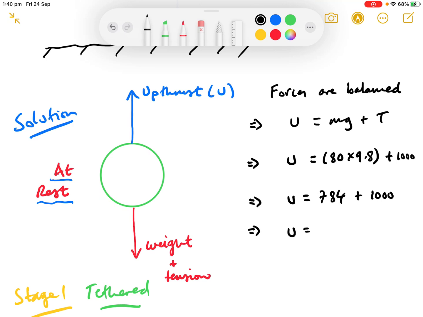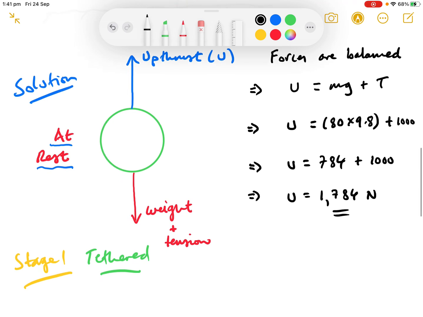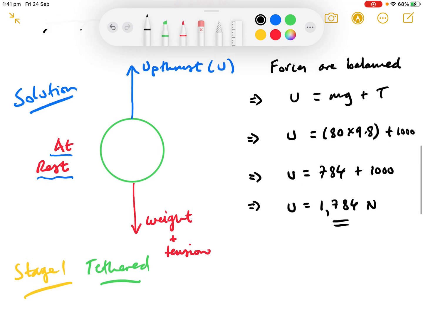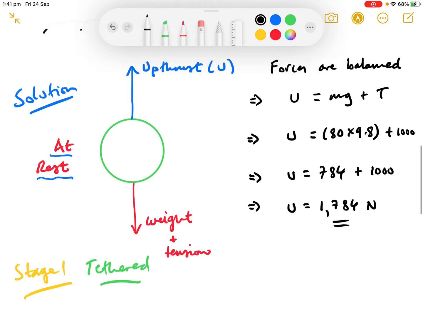So the upthrust is 1,784 newtons. Okay. Right, so we've got the upthrust.